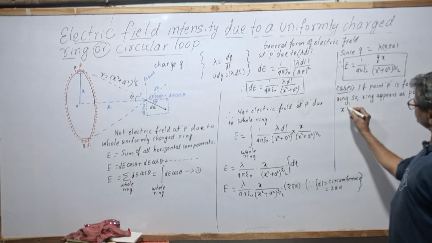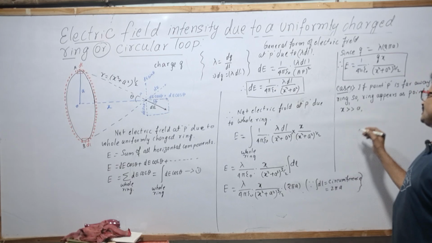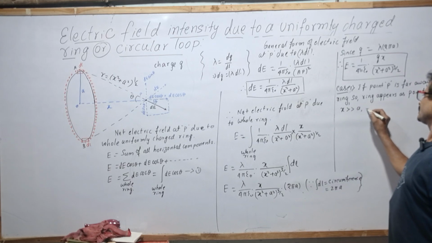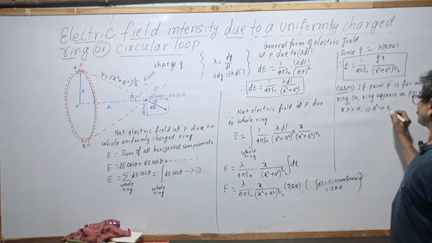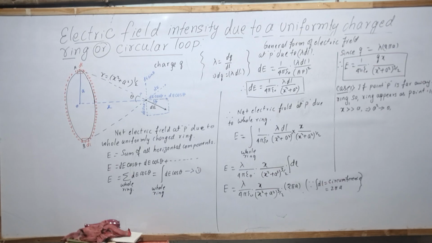It means x is very, very much greater than a. Therefore a square tends to 0.